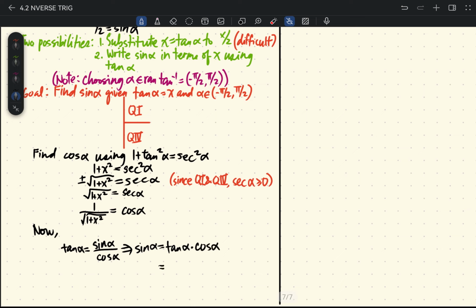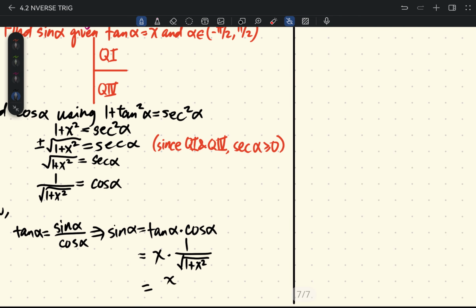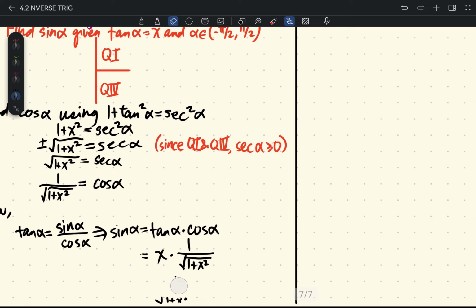Tangent alpha is x, and cosine alpha is 1 over the square root of 1 plus x squared. So this means that sine alpha equals x all over the square root of 1 plus x squared. Okay, sine alpha equals x over the square root of 1 plus x squared.